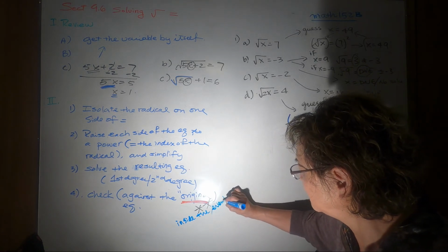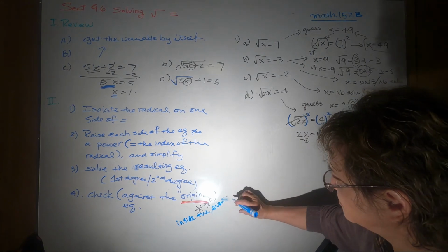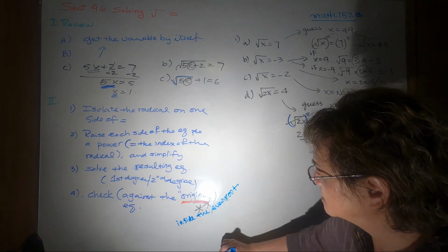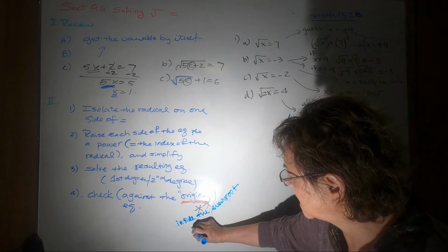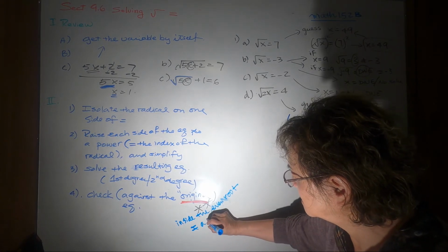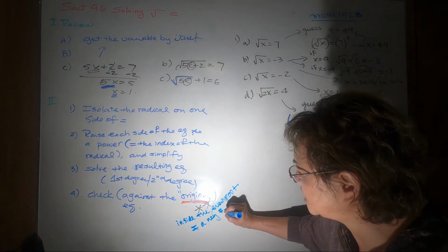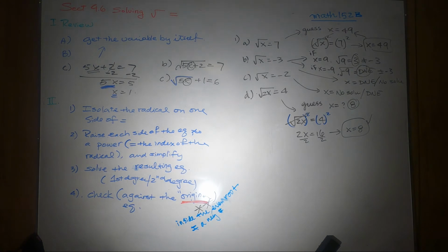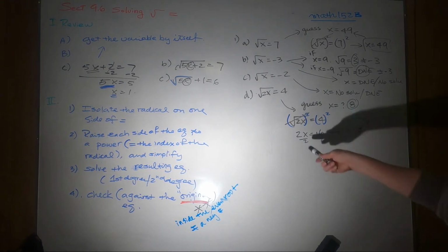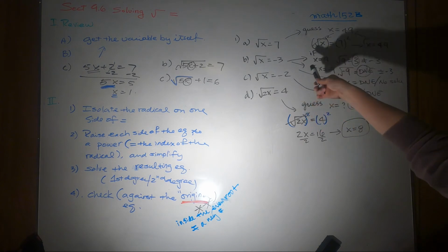Inside the even root has to be what? Cannot be a negative number. That's the issue for the radicals. Same thing as fractions, denominator cannot be 0. So those are even roots.